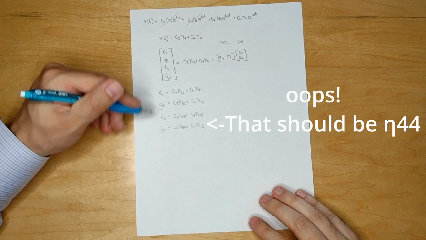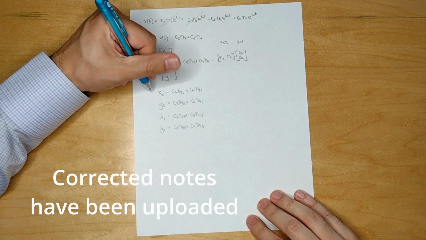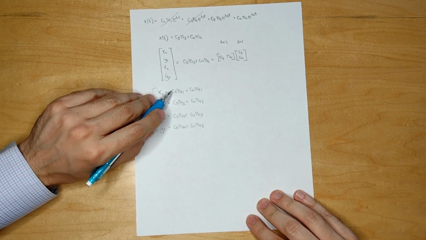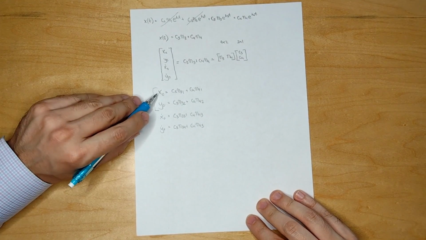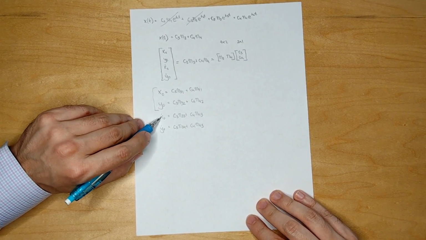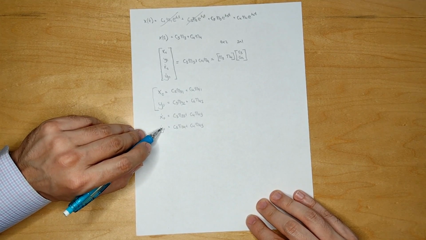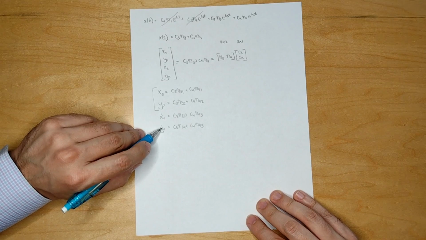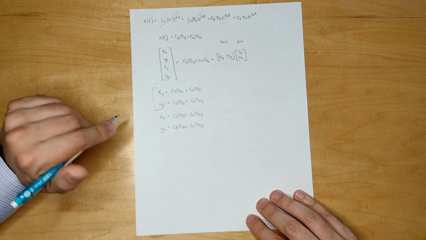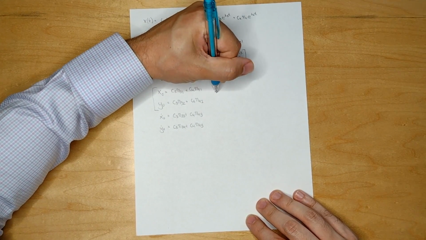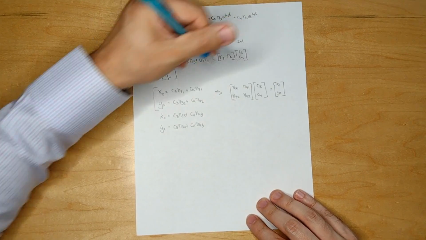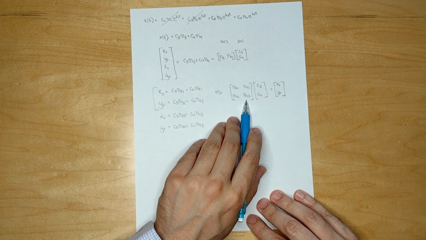The way I'm going to solve this is to take the first 2 equations and rearrange them so that we can write c3 and c4 in terms of x naught and y naught, and then plug them back in so that we have x dot naught, the initial x velocity, and y dot naught, the initial y velocity, in terms of the initial position. So to do that, let's put this one back into matrix form, and we want to invert this matrix over here.